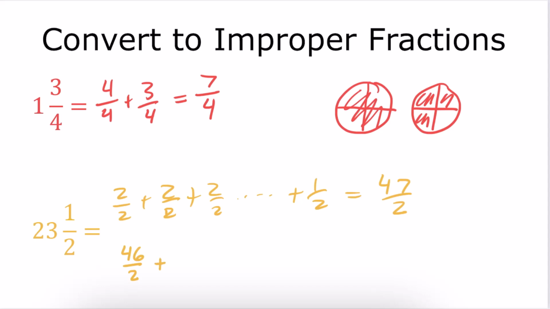And then they could add this to the 1/2 to get the same answer of 47 halves, and that method is way more efficient. So both of these strategies give the same result, but the multiplicative strategy is much more efficient. And you can lead your students to use the more efficient strategy by giving them harder problems that are really cumbersome to solve with less efficient strategies.